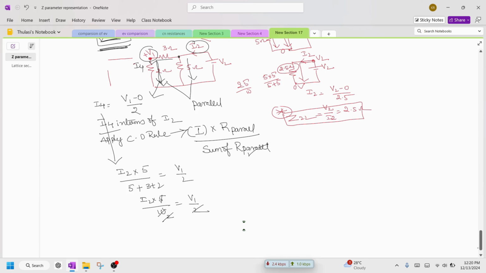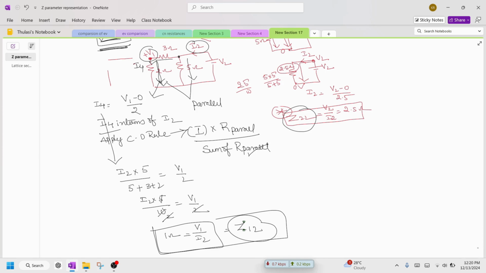I require the ratio V1 by I2. V1 by I2 is nothing but 1 ohm. So this is the value of Z12, and Z22 by using the second method.